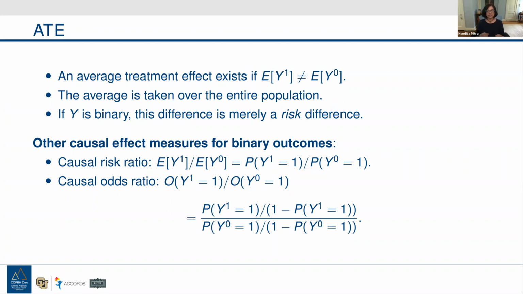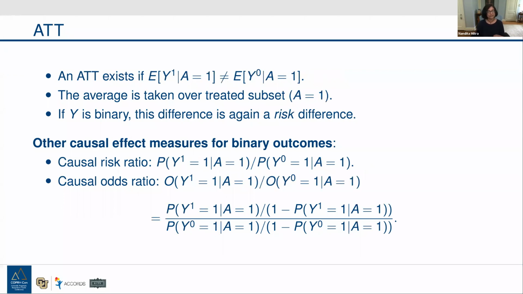So again, if you have these binary outcomes, you could estimate a causal risk ratio. That's really just the expected value of the potential outcome under treatment 1 over the expected value of the potential outcome under treatment 0. Or you could even get a causal odds ratio. So these are all different ways of thinking about an average treatment effect.